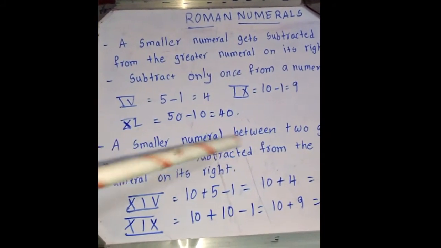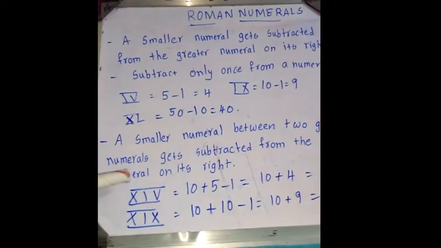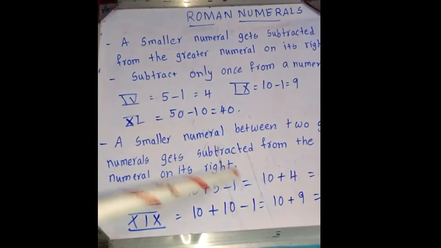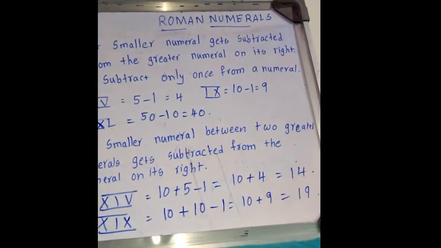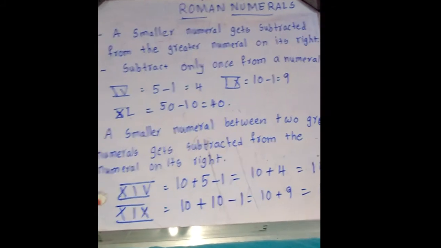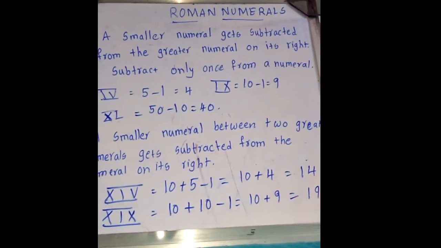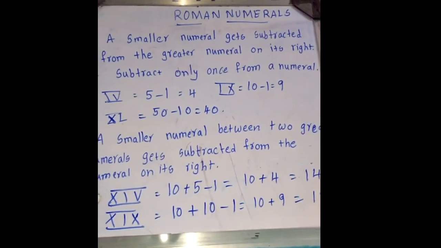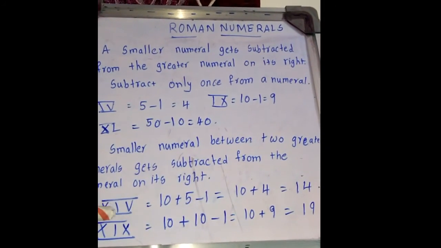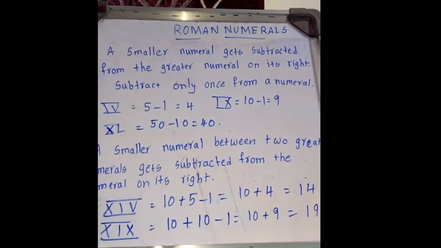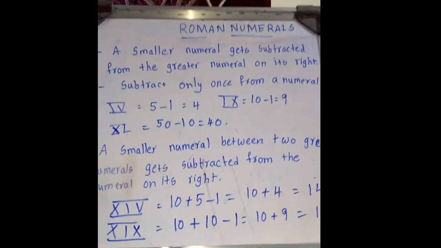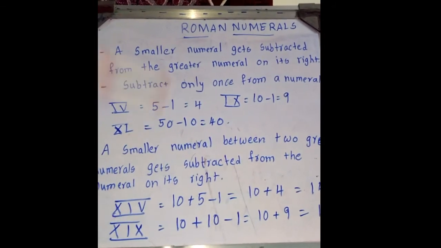A smaller numeral between two greater numerals gets subtracted from the numeral on its right. Here see these 3 numerals: X, I and V. In between these two numerals there is one numeral, that is I. What does it represent? 1.